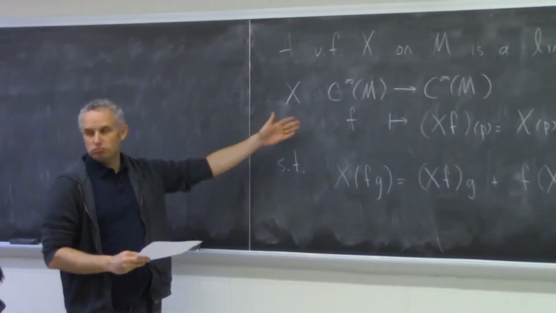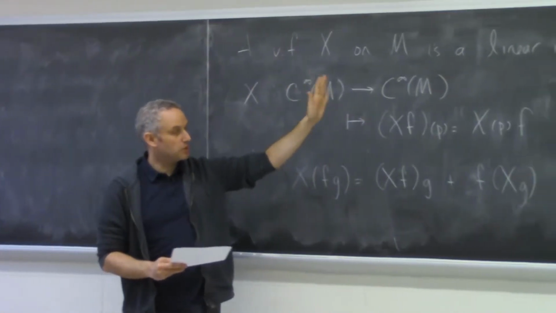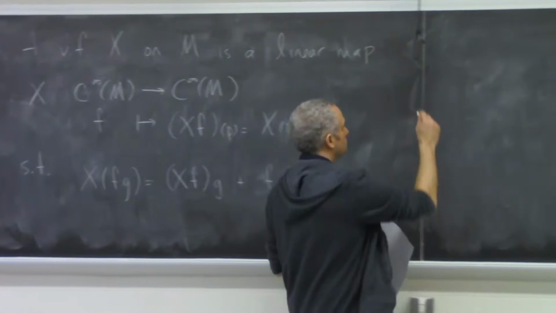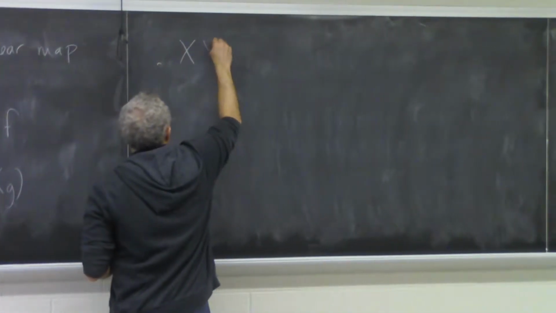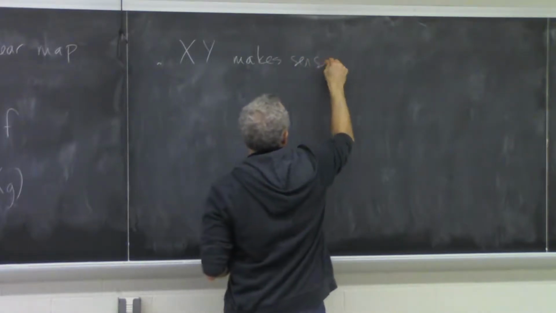OK, so when we talk about linear maps from a vector space to itself, you can compose them. So XY makes sense as a map.